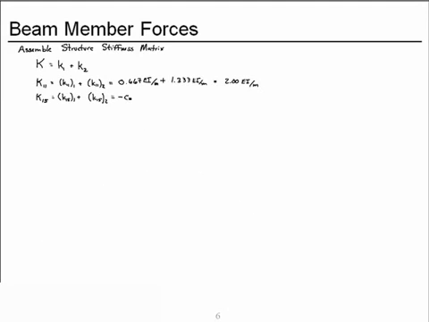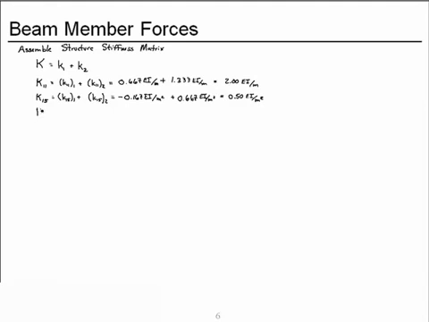So we have a negative 0.167 EI over meter squared plus a 0.667 EI over meter squared, and together we get 0.50 EI per meter squared.